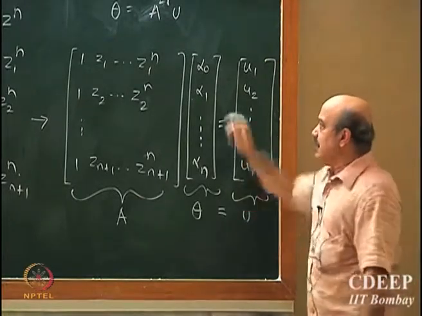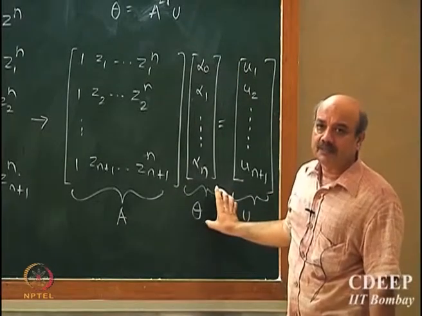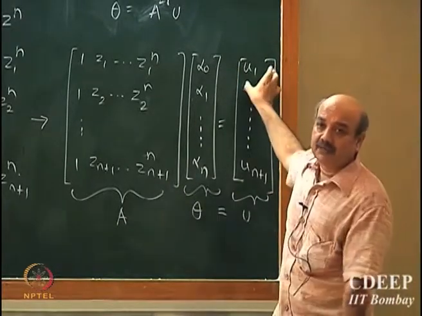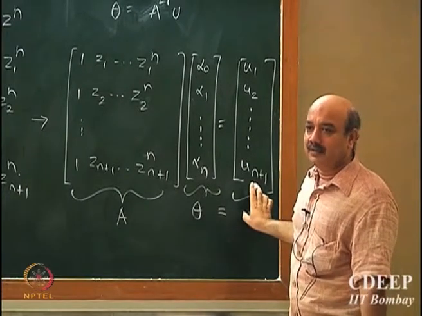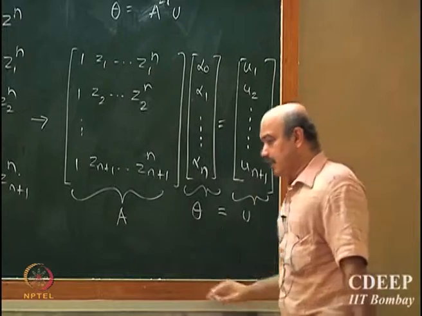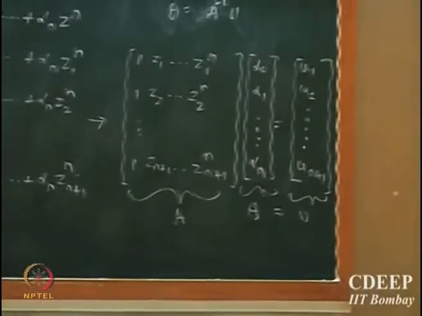So what I have done is I have said that this set of unknowns can be represented in terms of this set of unknowns. Let's leave it here and then continue with the next part.